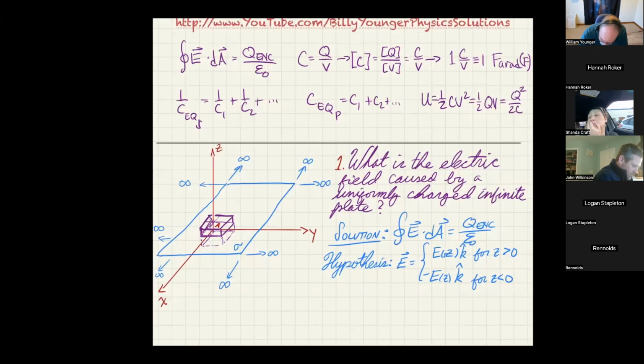Now on the top, we are going to have a differential area element, dA top, which is just dA times k hat. And then down here on the bottom, we have a dA bottom, which is equal to negative dA k hat.